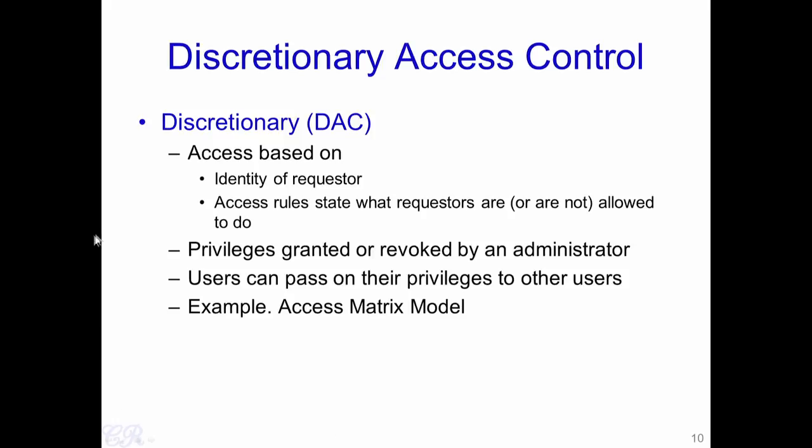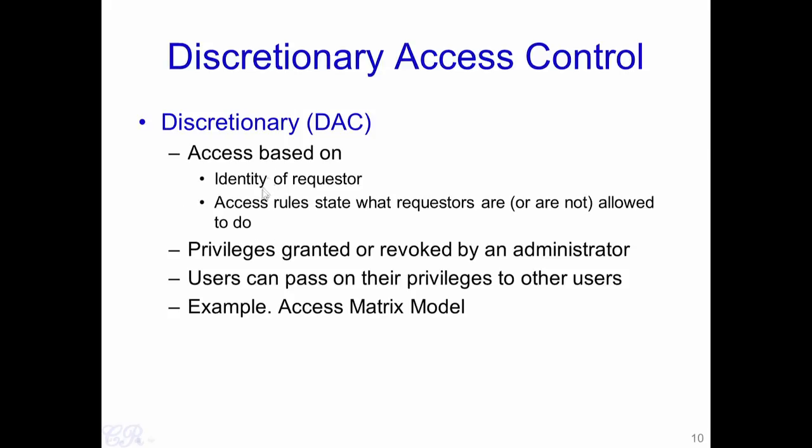Discretionary access control, or DAC, is an access control which is based on the identity of the requester. There would be a set of access rules defining what requesters are or are not allowed to do. These access rules define what objects the requester, also known as a subject, could access, and whether those objects could be read, written to, executed, created or deleted, and so on.